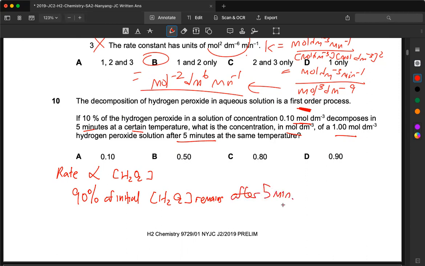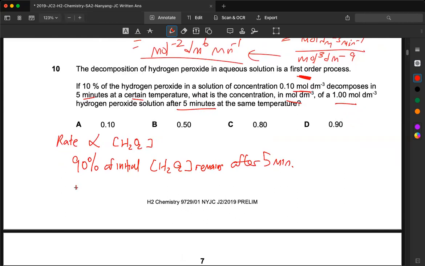Okay, so to prove the rate is equal to k times H2O2 concentration, when the concentration of H2O2 is 0.10 mole, the rate will be equal to 0.1 k. 10% of 0.1 is 0.01.